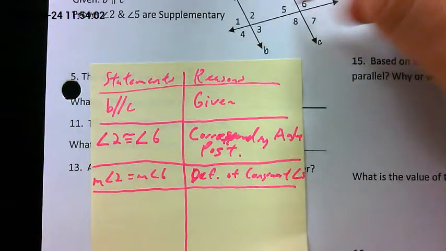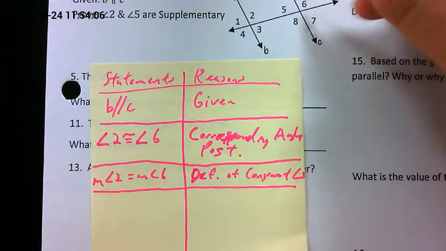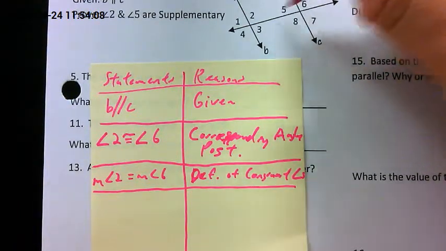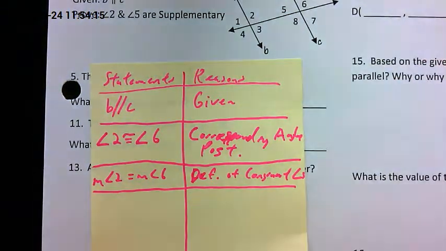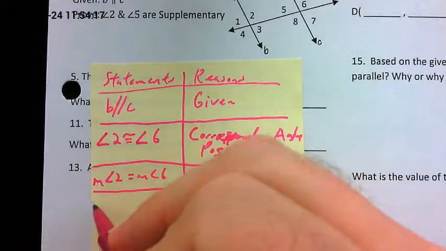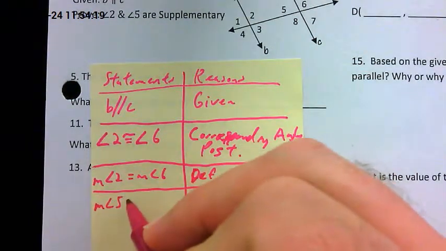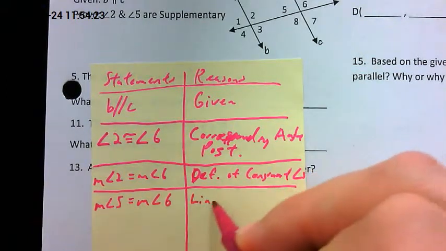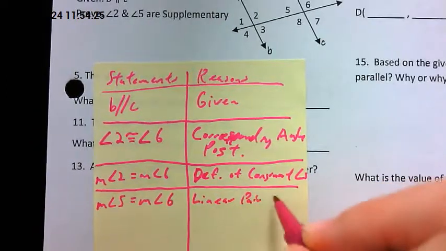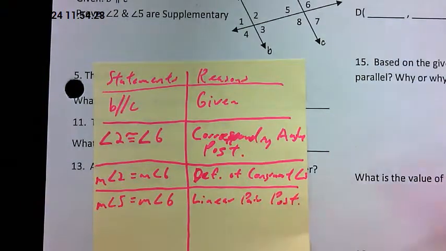These two we know are a linear pair. So we could use the linear pair postulate to say that these two add up to 180. So measure of angle 5 equals measure of angle 6. And that could be linear pair postulate.